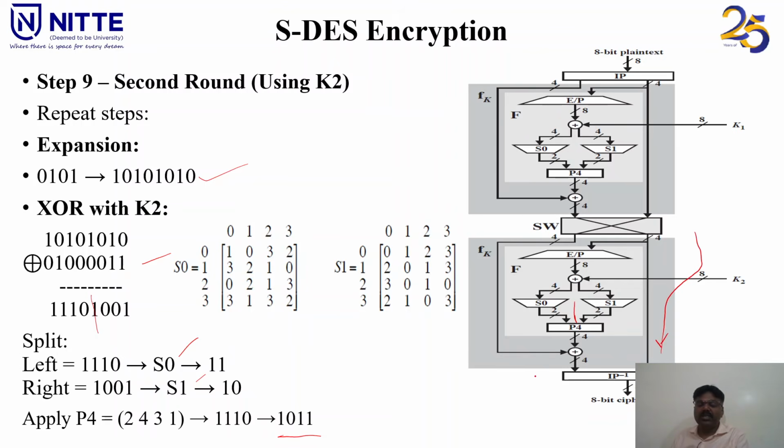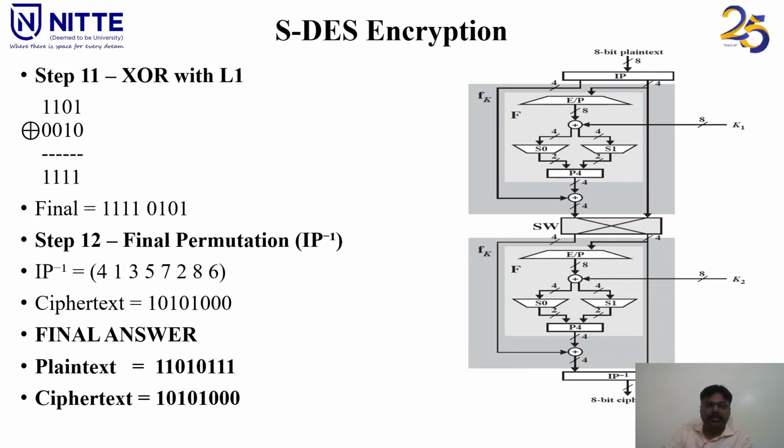So at this stage there is no swapping and all, so we have to apply the inverse initial permutation. That is the permutation we call the initial permutation. So finally I'm able to get the ciphertext for the given plain text.